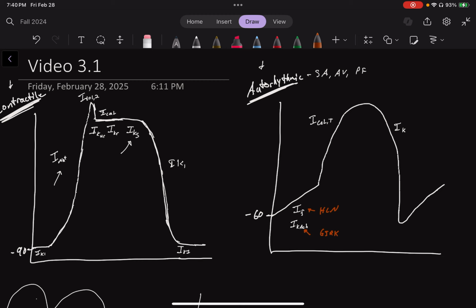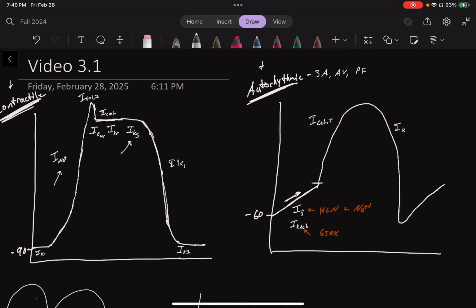Hyperpolarization activates these HCN channels, which allow for an inflow of sodium. So it allows for a steady inflow of sodium, and that will cause the membrane potential to continually rise, which is really cool. So there's no real resting membrane potential for autorhythmic cells, because once they get hyperpolarized enough, the funny channels open and then it just starts to climb back up.